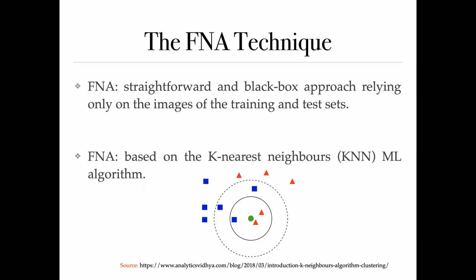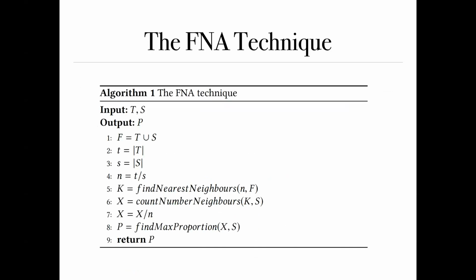This is a straightforward, black box approach that relies only on the images of the training and test sets. FNA is based on the k-nearest neighbors, KNN, ML algorithm, where the idea of KNN is to analyze the neighbors of a certain element of the set, here the image data sets. Briefly speaking, for FNA we define 6 classes, different from the class mutant correct.